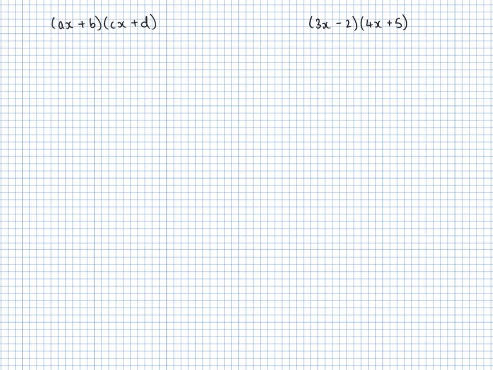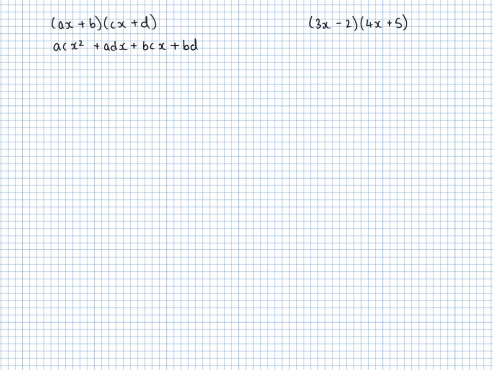So this is going to be AC x squared. So this is AX times CX. AX times D is ADX, so plus ADX. B times CX is plus BCX, and the last one, B times D, is BD, so plus BD.